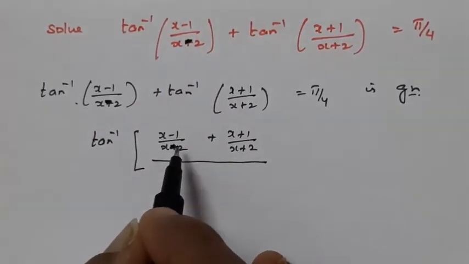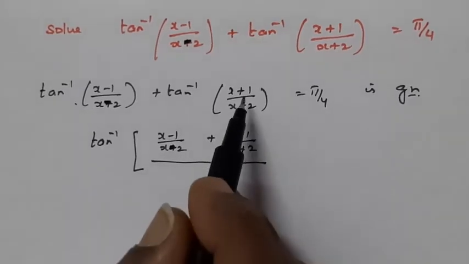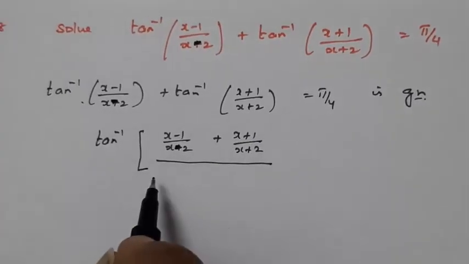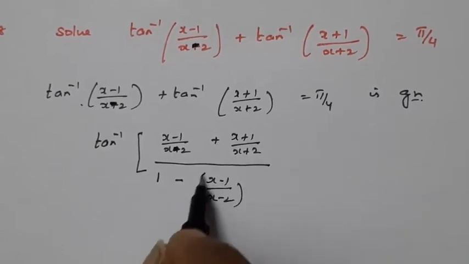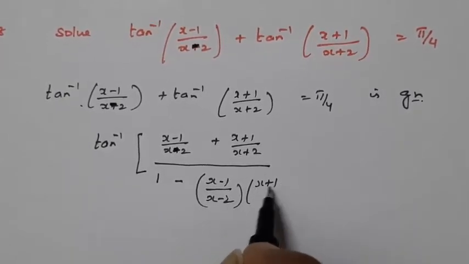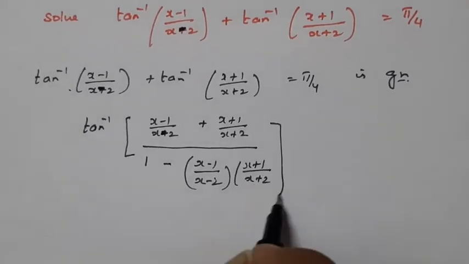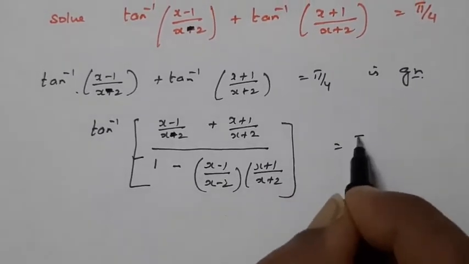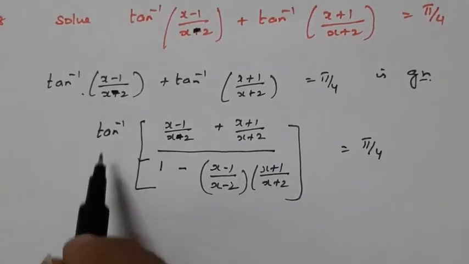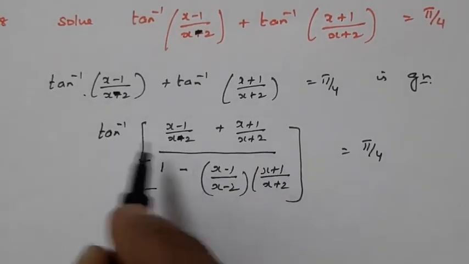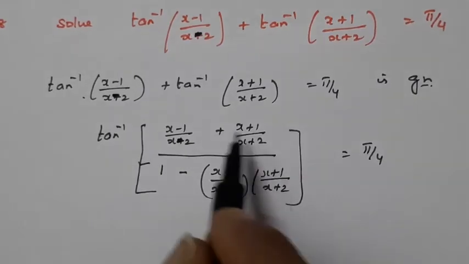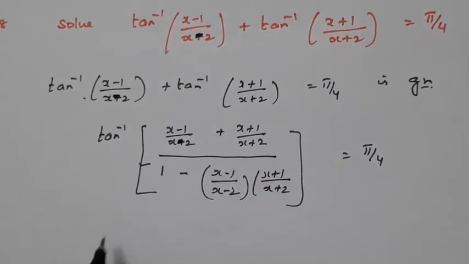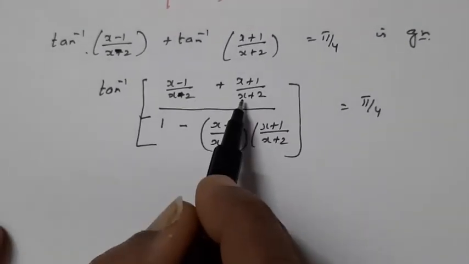So, it is x minus 1 by x minus 2 and x plus 1 by x plus 2, divided by 1 minus x minus 1 by x minus 2 into x plus 1 by x plus 2, is equal to pi by 4. So, moving this tan inverse to the opposite side, we will get tan pi by 4. Let us simplify the term inside the bracket. What would be the LCM? x minus 2 into x plus 2 will be the LCM.